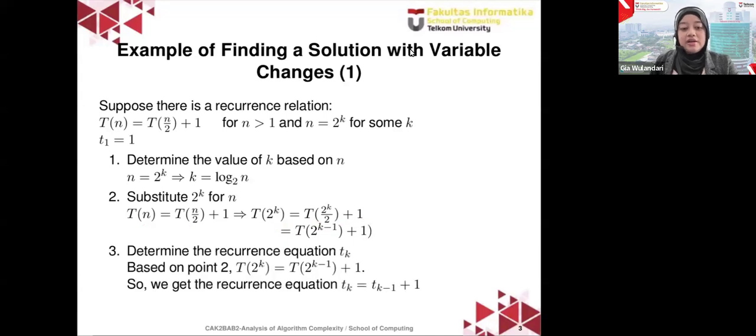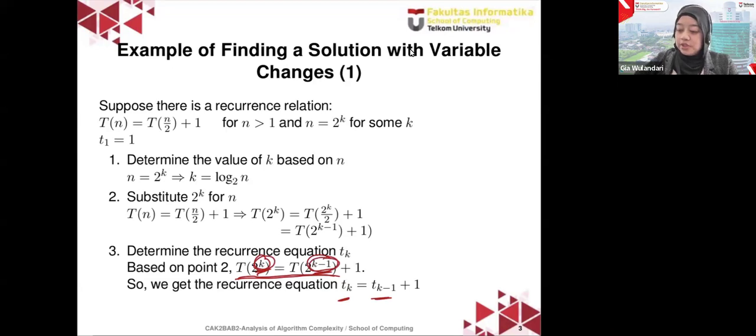And then here we can change the variables in the sense that in the new equation we have a linear recurrence, but in the power, right? So we have k minus 1, k minus 2, and so on. So what we do is we assume that the linear relation we have is based on the power we have here.